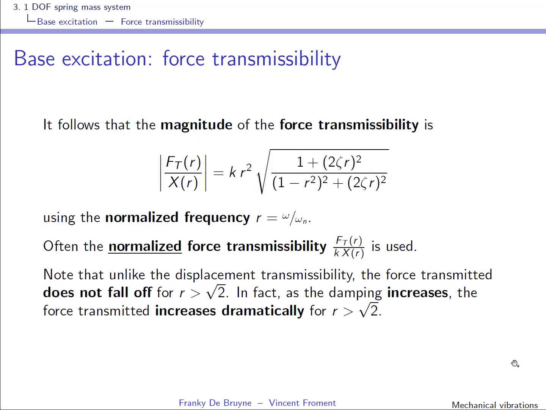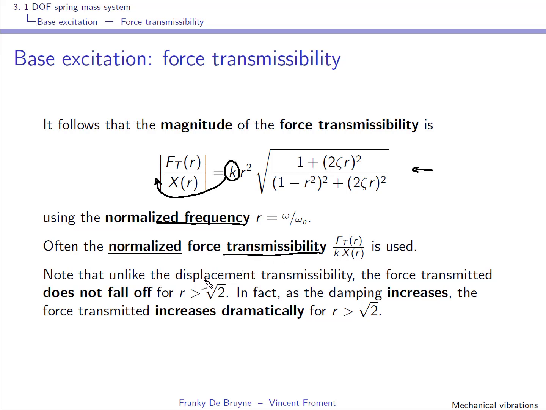We can now compute the magnitude of the force transmissibility using this expression, where r is the normalized frequency. Very often we use a normalized force transmissibility, in the sense that we find this parameter annoying, so we bring it over here, and we obtain the normalized force transmissibility.